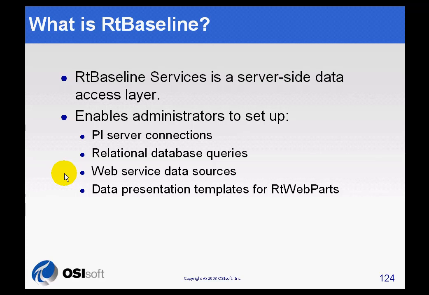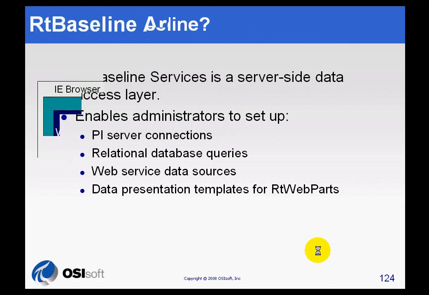Defining web service data sources, and also defining the templates that we've mentioned just briefly with some of our web parts. You know, the idea of having a template for how your RT values show up. That's something that should be stored centrally on a server so that one person can define it and many people can use it. So again, this is all stuff that's going to be stored centrally on a server.